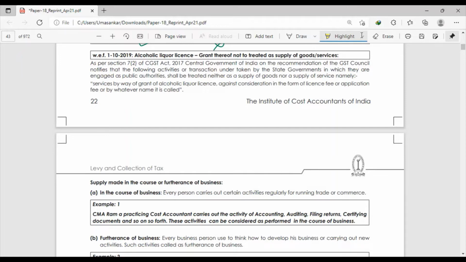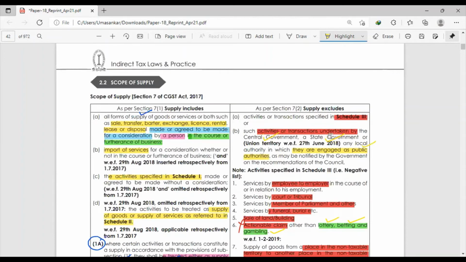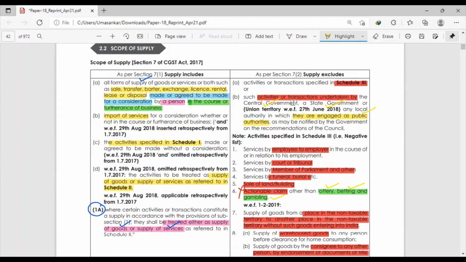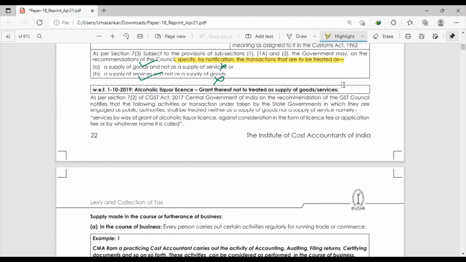As we have already seen here, if governments are engaged as public authorities, it will not be considered as a supply. So here the same thing is written: neither supply of goods nor supply of services. Okay, neither nor. Namely, suppose the government gives a grant for an alcohol liquor license against consideration in the form of license fee or application fees, or by whatever name the fee is called, then it will not be considered as a supply. Okay.